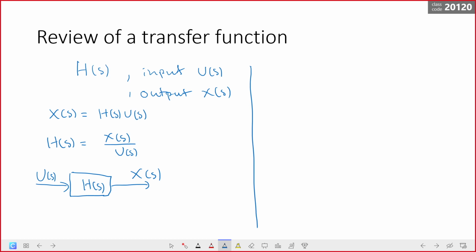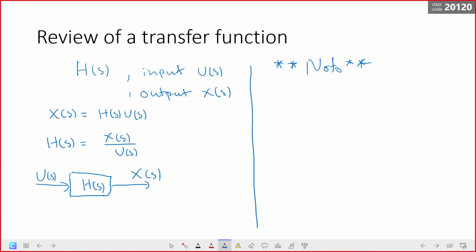And one thing that you need to know, very important, a transfer function must have degree of denominator larger than that of numerator.